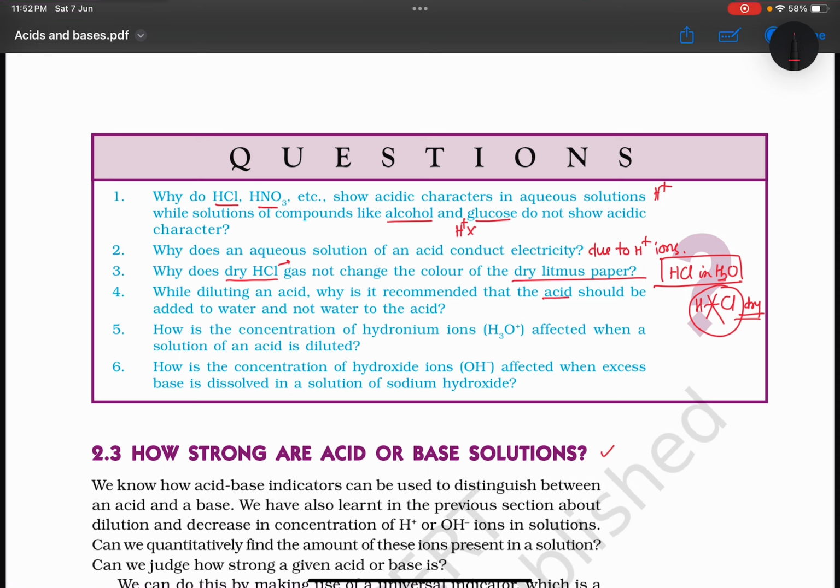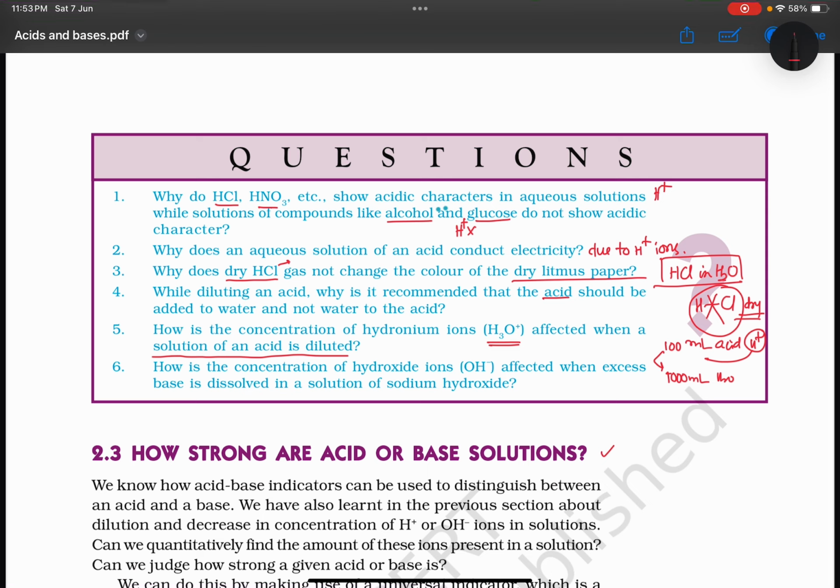How is the concentration of hydronium ions H3O plus affected when a solution of an acid is diluted? Number of ions per unit volume decreases. That is only called dilution. Okay, because see, 100 ml of acid is there, let us say. So all H plus ions present are in 100 ml. Now to this you are adding 1000 ml of water. 1 liter water you added.